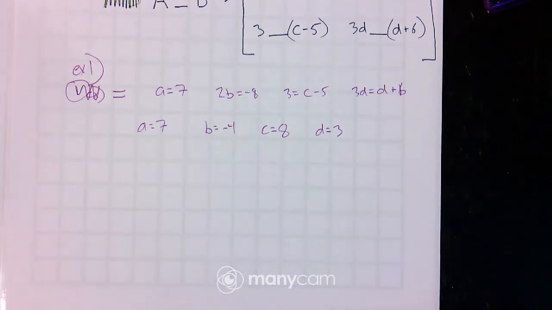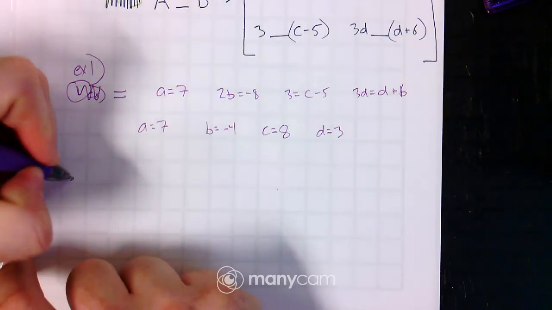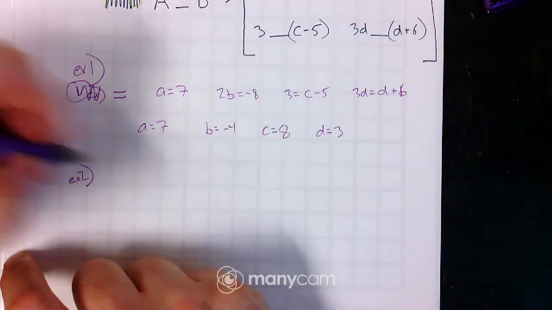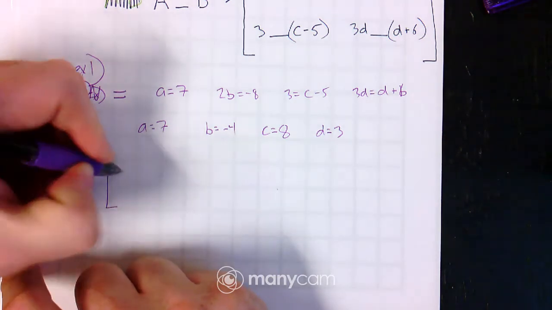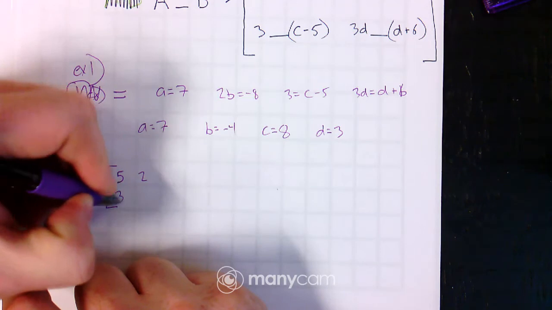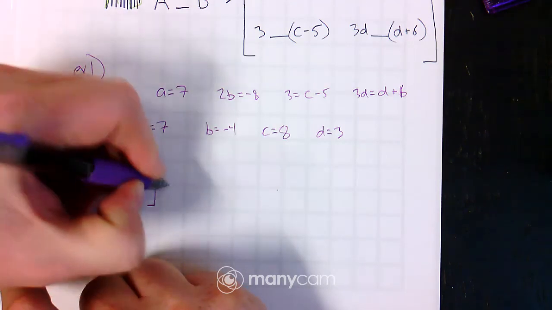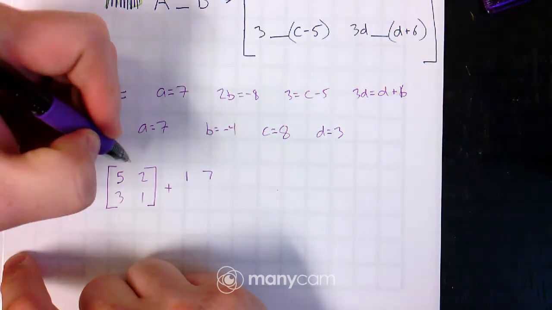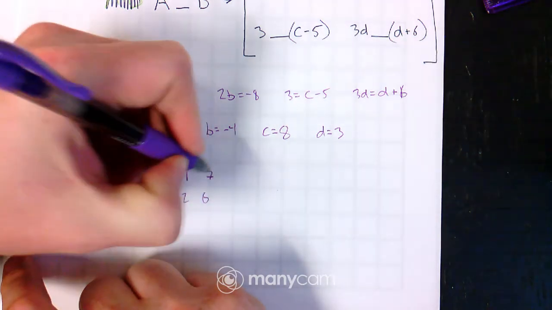Instead of writing like A plus B or anything like that, they give you the whole thing written out. So if I was to do, for example, number 2, 5, 2, 3 plus 1, 7, 2, 6.